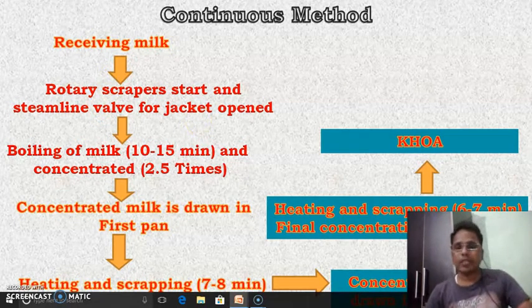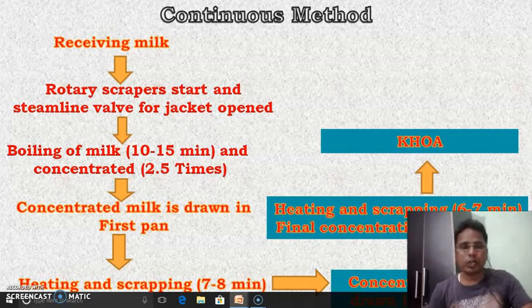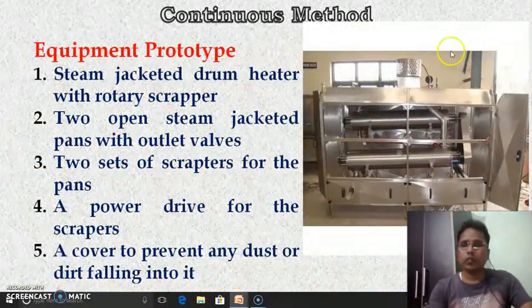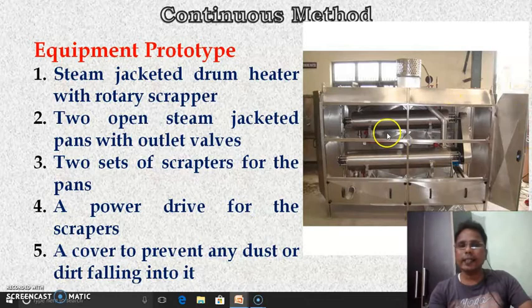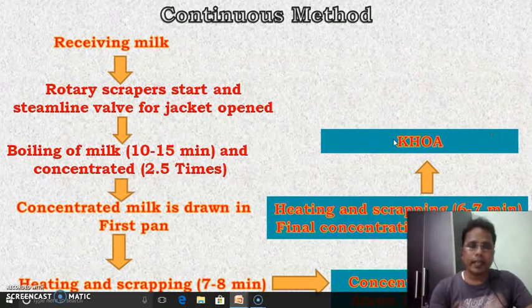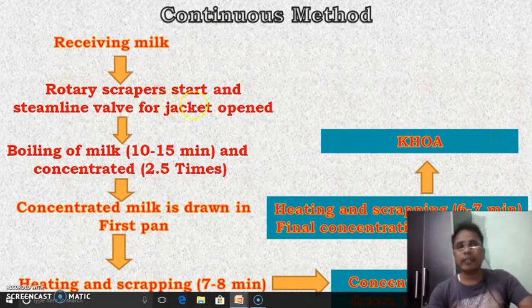As we have seen in previous slides, the image of the continuous method is the equipment which is used at the industrial level for the continuous preparation of the Khoa. In this, the rotary scraper starts and steam line valve for the jacket opens.